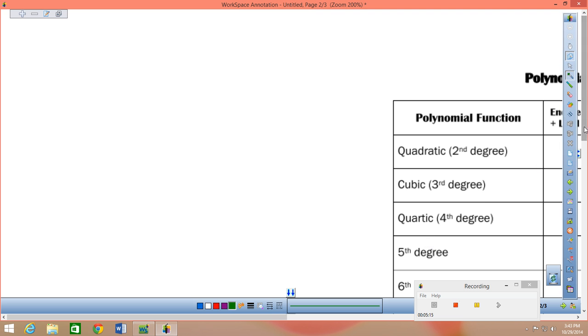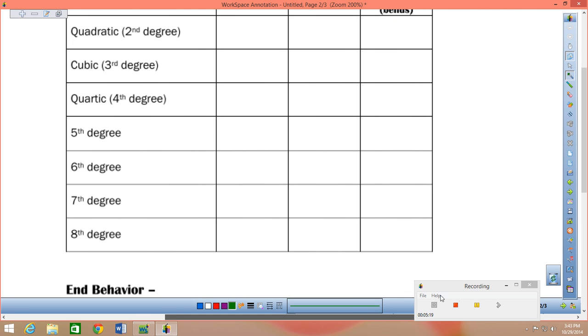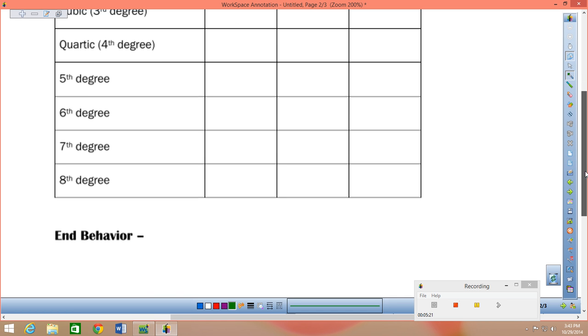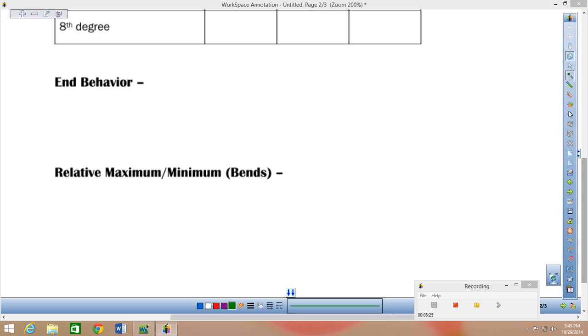If my lead coefficient is positive or negative, that helps me determine some things about the graph as far as on the ends. When we talk about end behavior, remember we're talking about the left end side of the graph and the right side of the graph, okay?